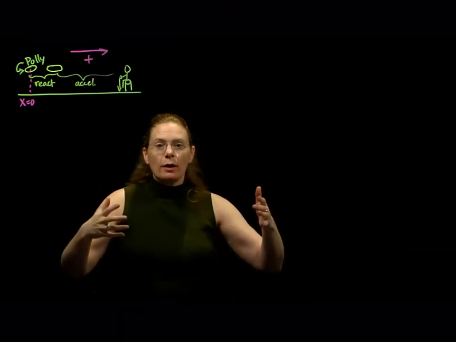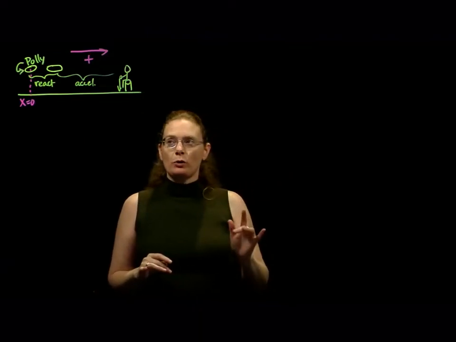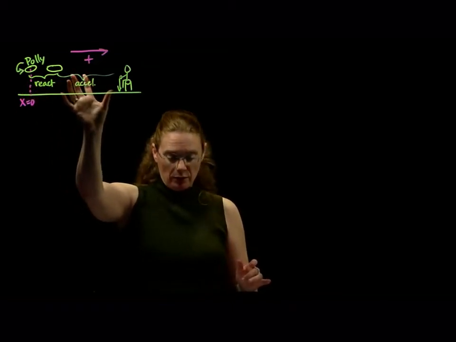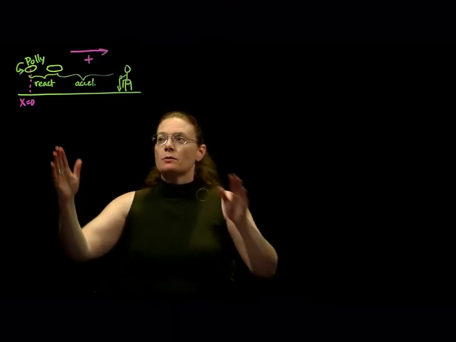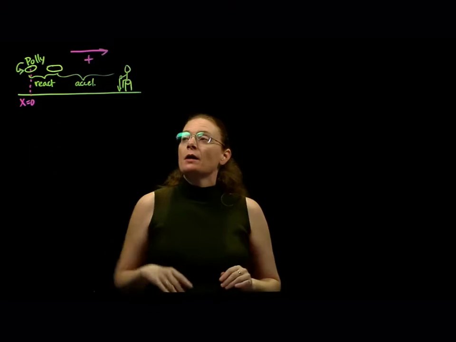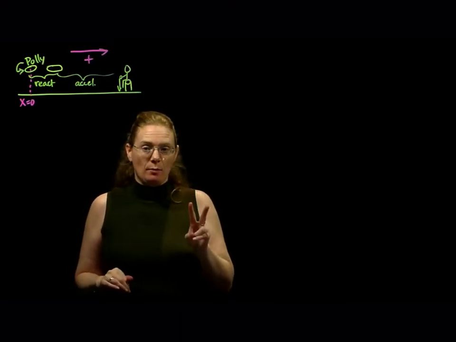Our kinematics equations only work for constant acceleration motion. Here we have acceleration of 0. Here we have acceleration of 0.2 meters per second squared. We can't do this in one step because we have different accelerations in this whole process. So I need to treat this as a two-phase problem.